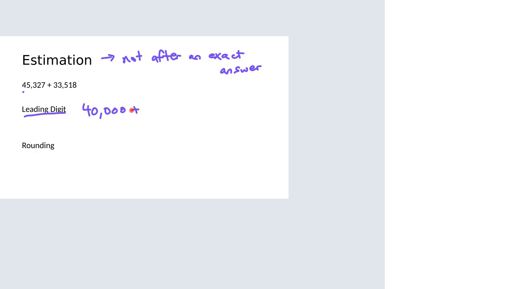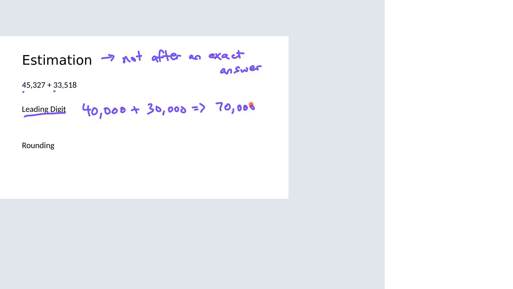And then the second number, 33,518, just after the leading digit, so I'm going to call that 30,000. And so my estimate, my ballpark here then is 70,000. Not an exact answer, but if leading digit estimation is good enough, then that estimate is good enough.